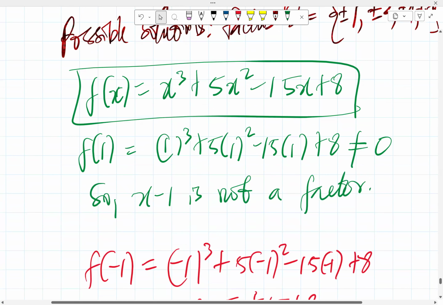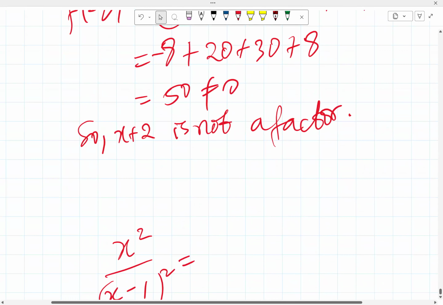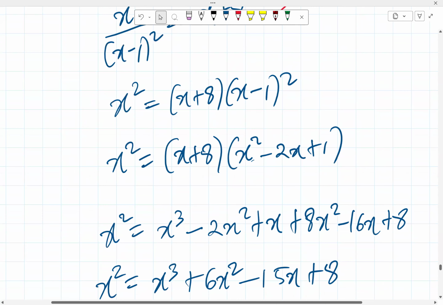So what I'm just going to do is use Wolfram Alpha to solve it, and we'll forget about the story. This is what we have: x squared over x minus 1 squared equals x plus 8.